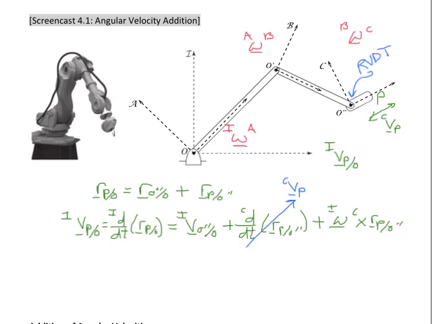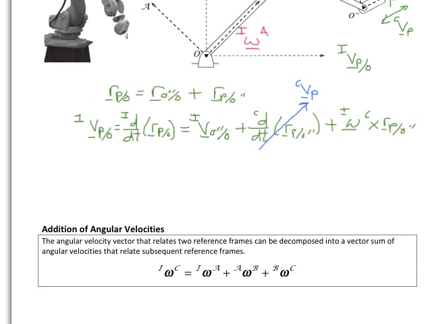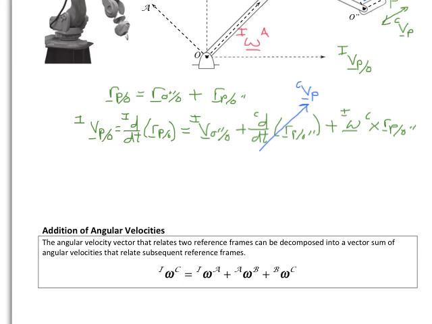With these observations, we can simply add up the angular velocities: C as observed in B, B as observed in A, A as observed in I. Add them up, and we get the angular velocity of C as observed in I. With this formulation, we've skipped the step of directly linking C with I, and instead put in intermediate steps in which we link the individual reference frames with each other.